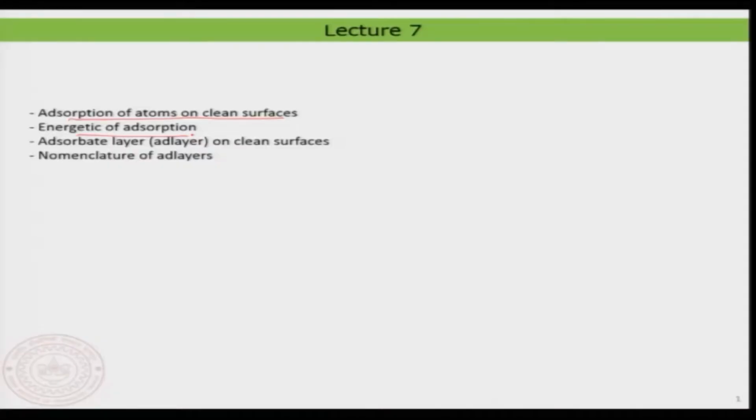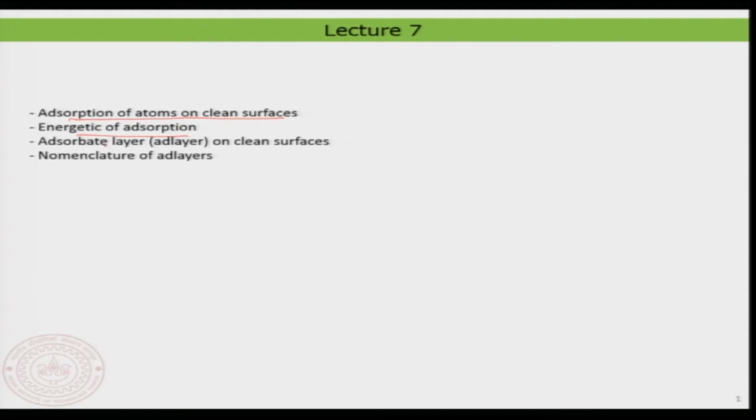Now, adsorption of atoms is the most important thing for us, because with the adsorption of a single atom, and then of many atoms onto the surface, we are going to create basically the thin film and finally the so called interface. Then we will also look at the energetics of adsorption, how the energy of adsorption is controlled, and what are the important energies that we need to keep in mind.